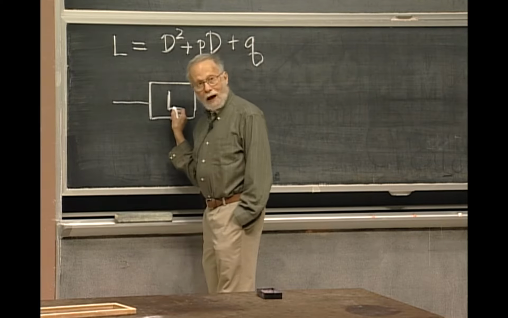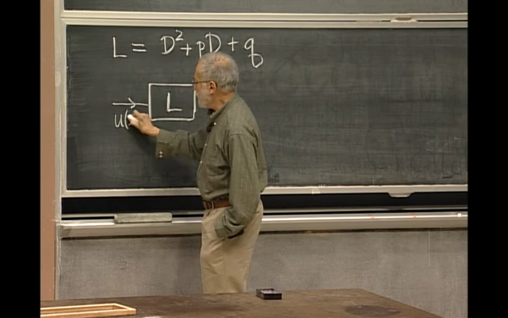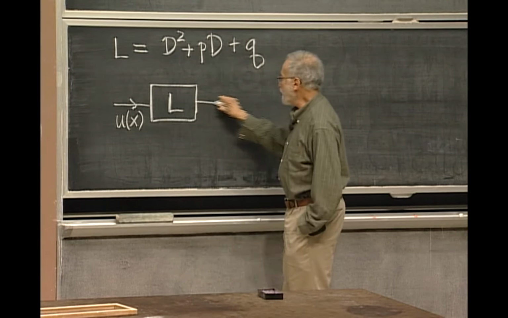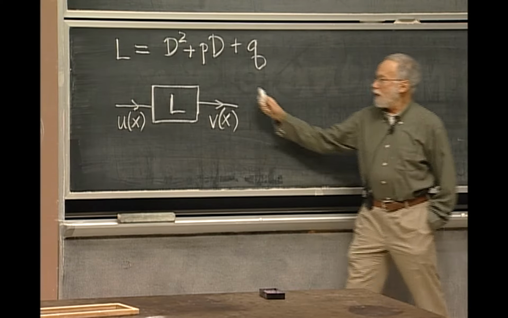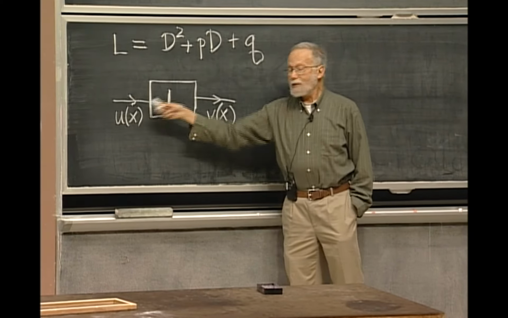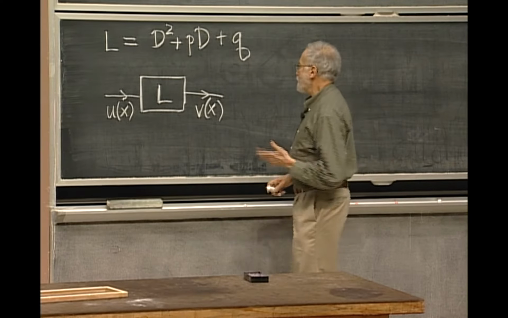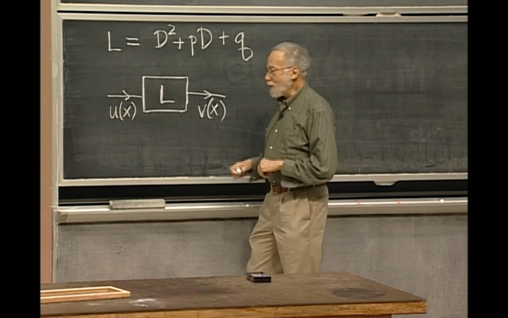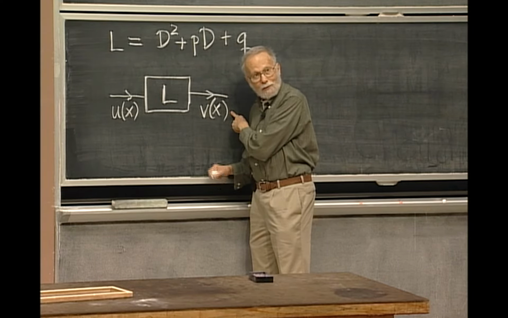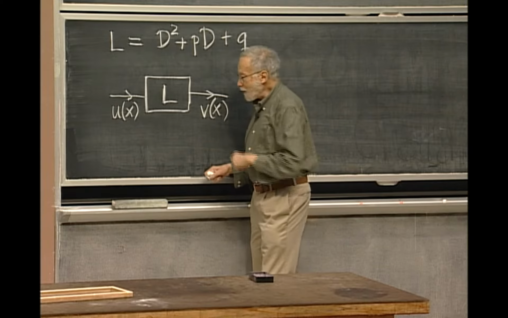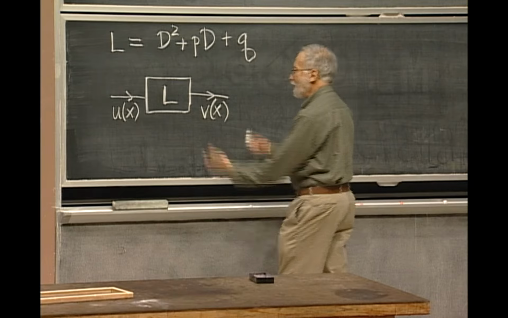It's an operator box, and therefore what goes in is a function of x, and what comes out is another function of x, the result of applying this operator to that. So from this point of view, trying to solve the differential equation means you want 0 to come out, and the question is what should you put in?